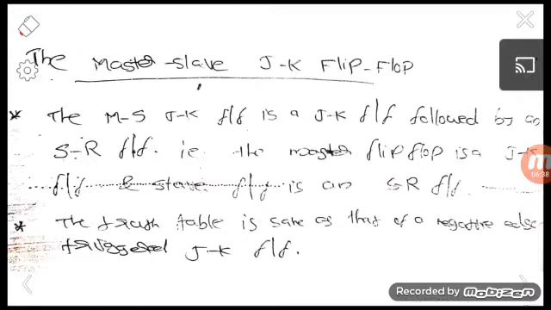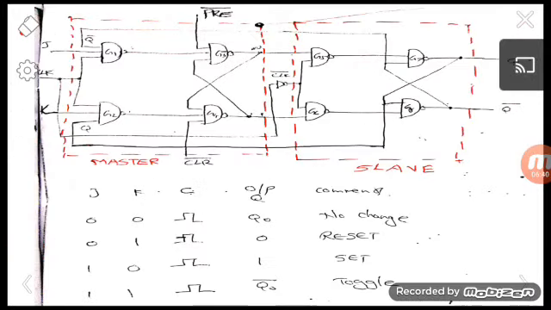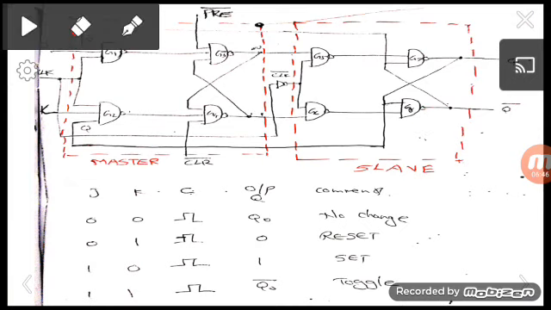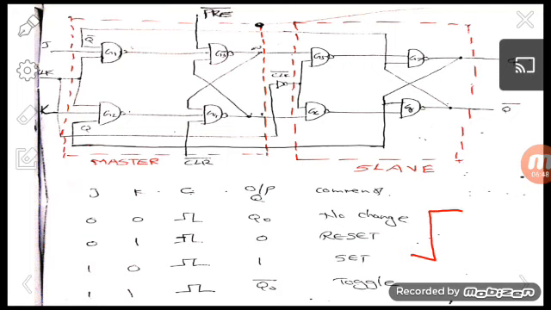So here you can see a master slave JK flip flop. This is the master and this is the slave. If this is the clock pulse, at the rising edge of the clock pulse, the output of the master will be produced.